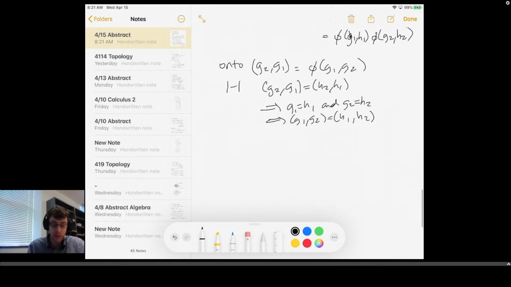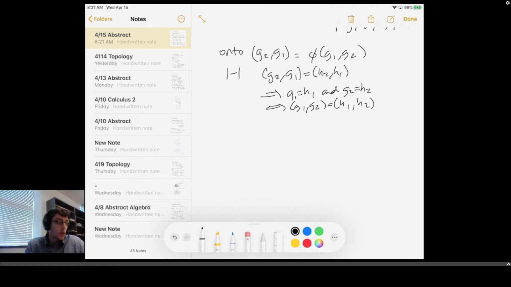So that's an isomorphism, and the next map is what you can almost think of as a projection. If you think back to linear algebra, you'd take an (x, y), and your projection map would send it to the x coordinate, so you'd be mapping to (x, 0) here.